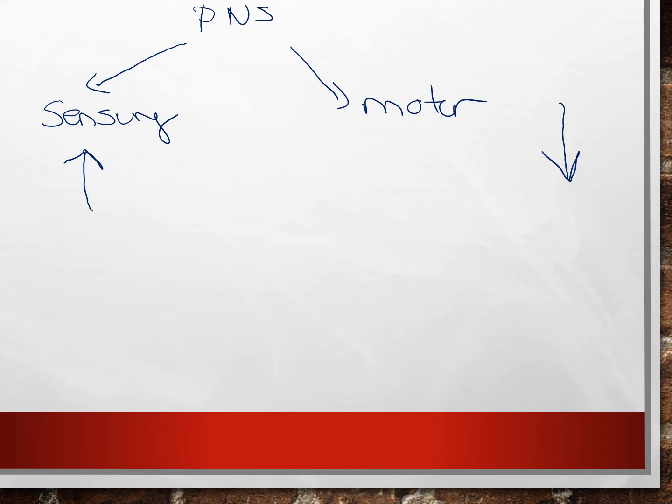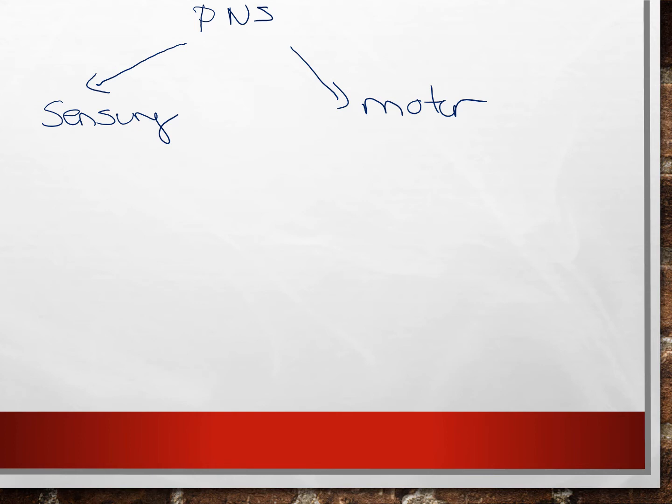Sensory, which gather information and send it to the brain, and then motor, which takes that information and sends information to the body to tell the body what it needs to do. So in the case of motor, we have two categories of muscles in our bodies, if you remember. Muscles are voluntary, which means they're controlled by the cerebellum, or they're involuntary, which means they're controlled by the cerebrum.